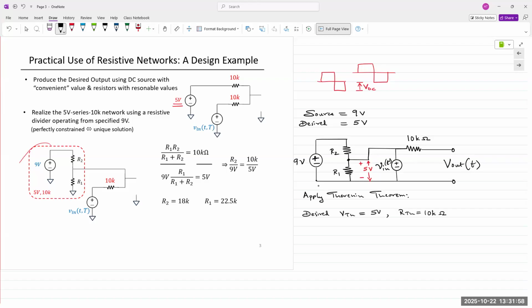So RTH is going to be R1 in parallel with R2, which is R1 R2 divided by R1 plus R2. We know that we want this to be 10 kilo ohms.